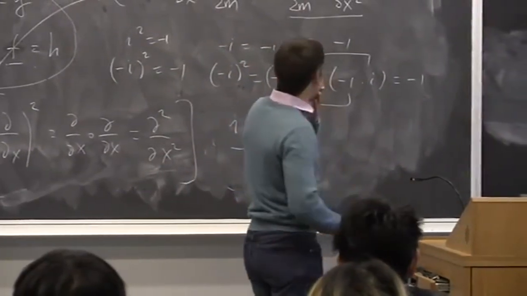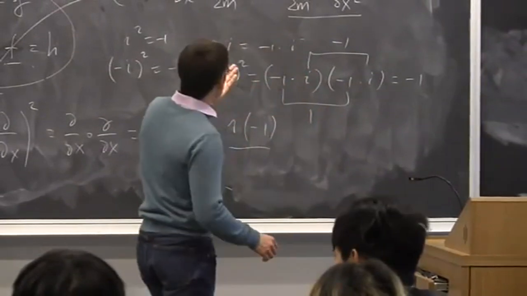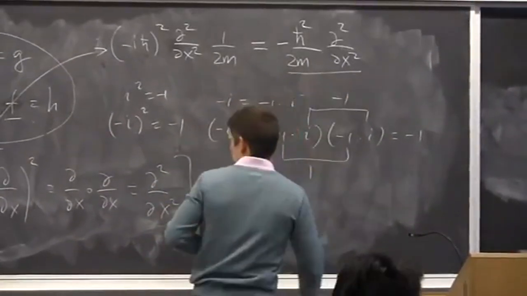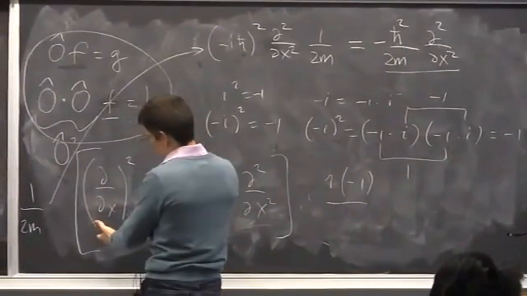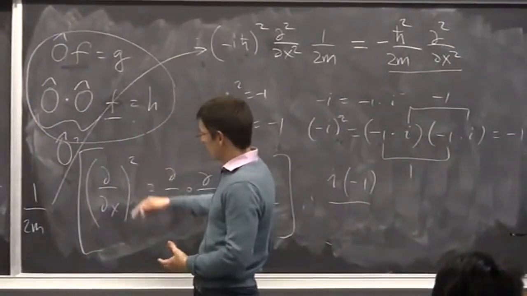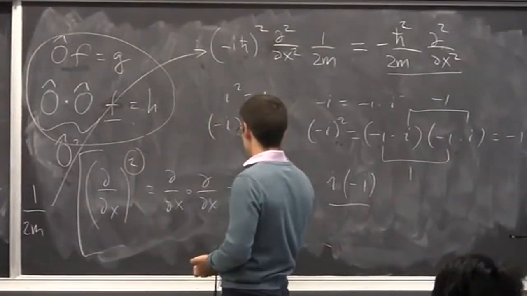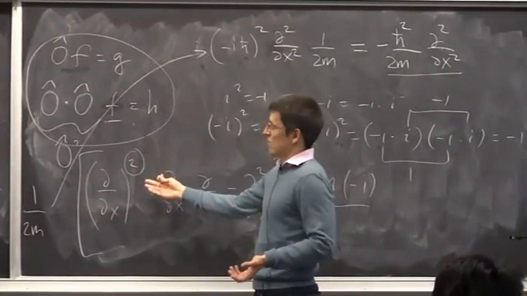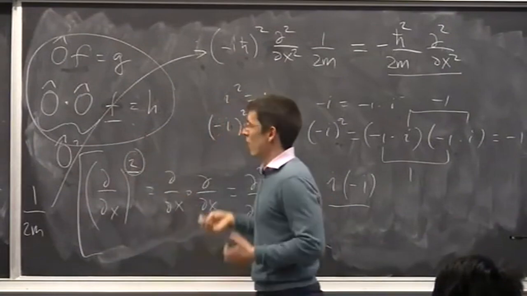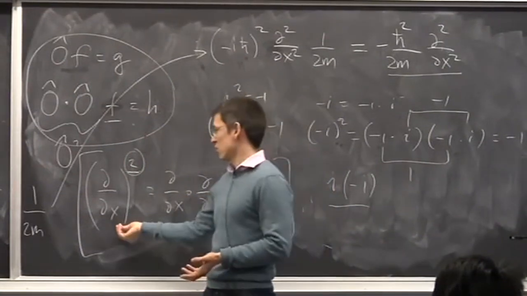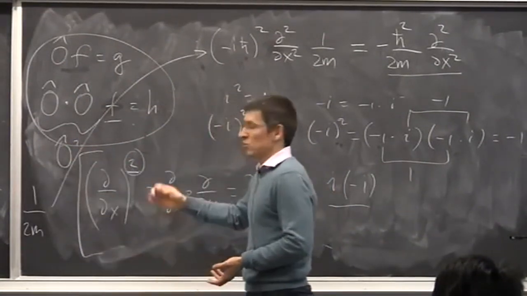And to understand that, this is kind of an example. If we take an operator, which is a derivative, and we square it, what does the square mean? We define the square of the operator as just the operator acting twice.